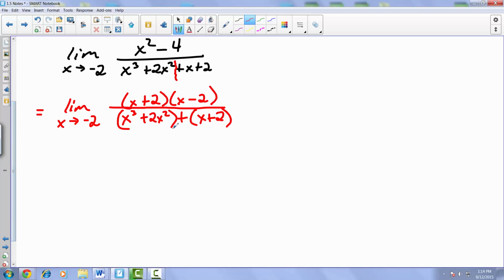Now, just looking at this bottom, again, the top's already factored, so we don't have to worry about it. But looking at the bottom, it looks like they both share in this first part a common x squared. So let's go ahead and pull out an x squared.